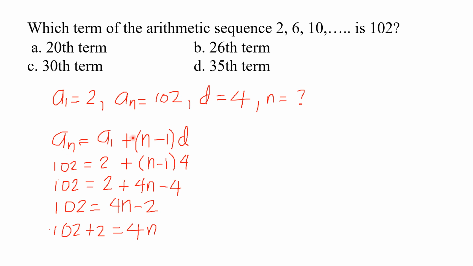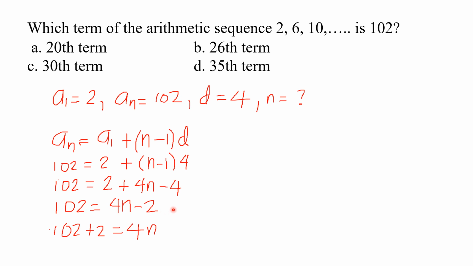So a_n is 102. First term is 2. Then n minus 1 multiplied by the common difference 4. Then we are going to distribute 4 inside the parentheses, so we have 4n minus 4. And then getting the sum of 2 and negative 4, that is negative 2. Then bring down n.